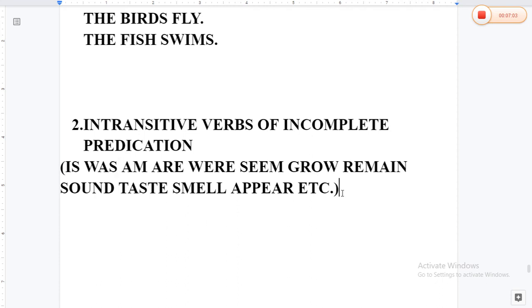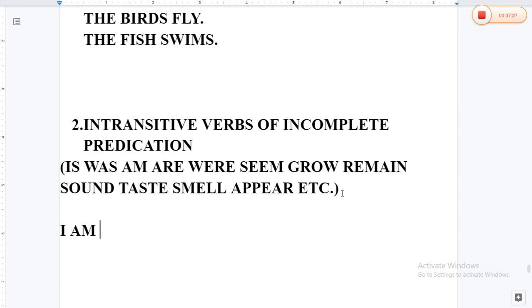Let's see some examples here. "I am": after this the sentence is incomplete, but you will never apply an object after be-type verbs. Is, am, are, was, were are be-type verbs, and they never take an object.